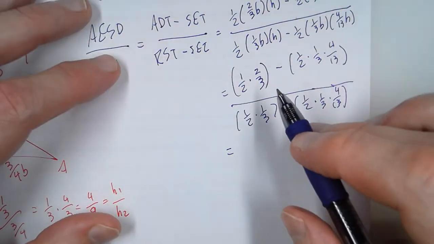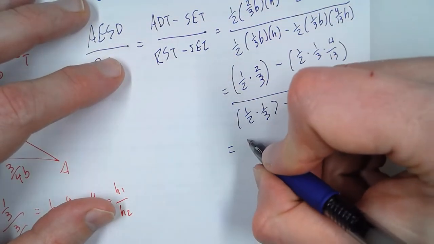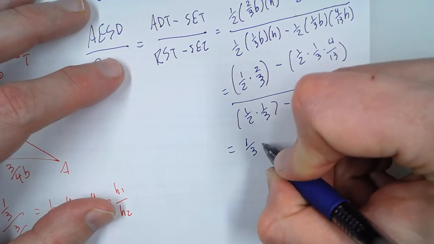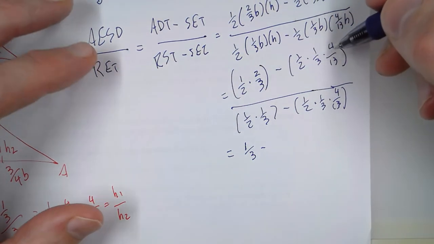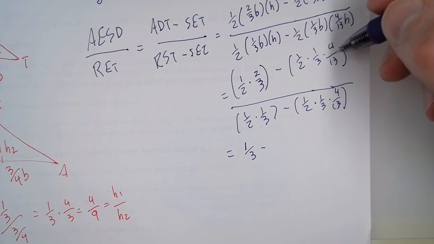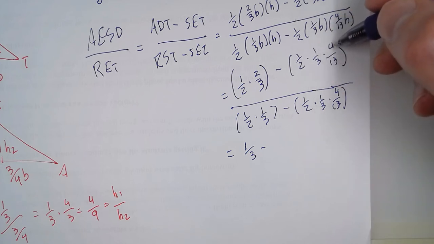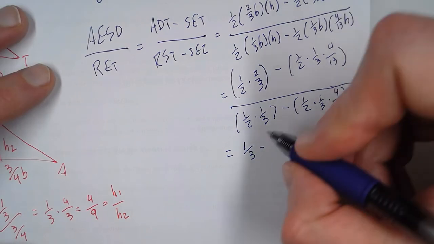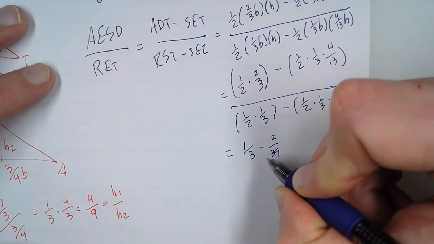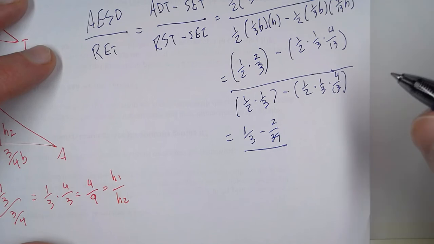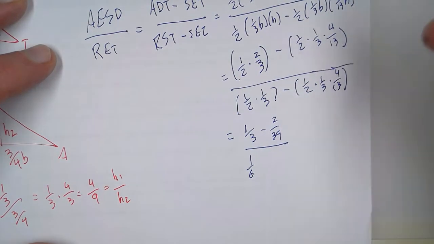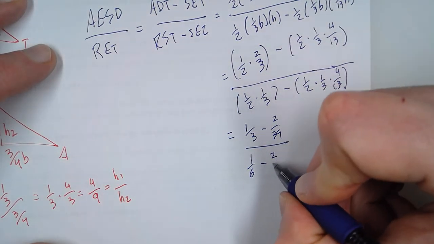Okay. So 1/2 times 2/3 is 1/3 minus 1/2 times 1/3 times 4/13. So a 2 can cancel here, so we're left with 2 over 39. Here we're going to have 1/6 minus 2 over 39.